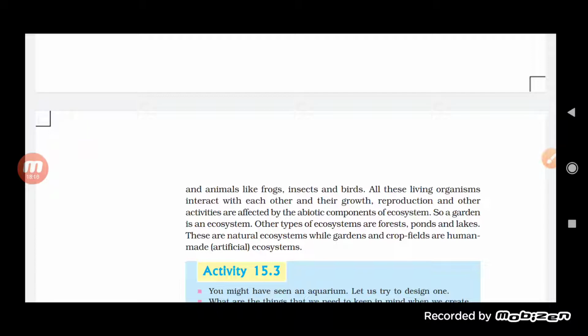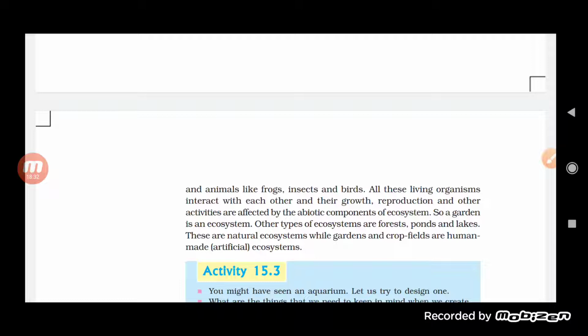It will include the air, it will include the wind. So all these organisms interact with each other, and this helps in growth, in reproduction, and also in the other activities which are affected by the abiotic component of the ecosystem. So a garden is what?